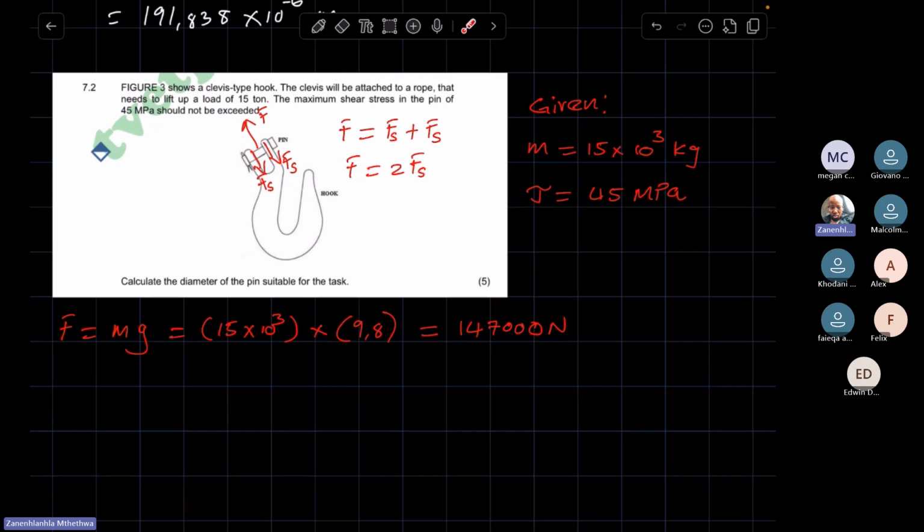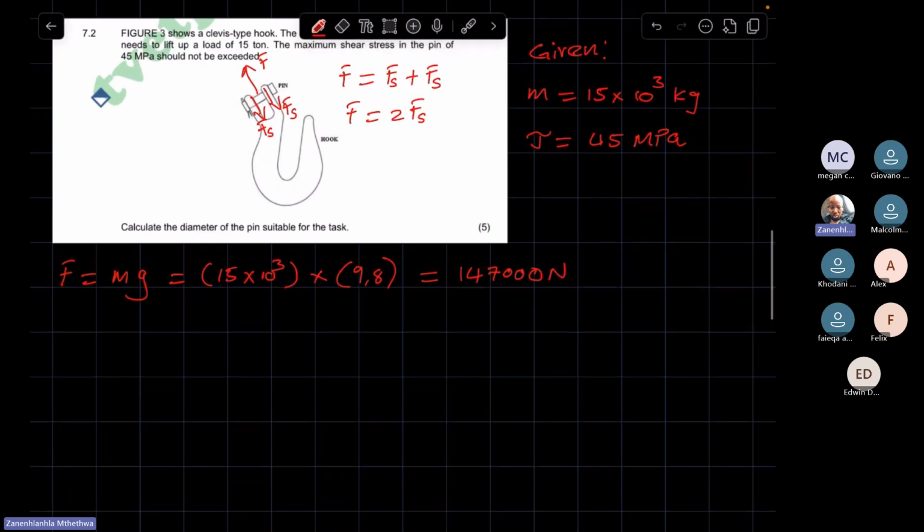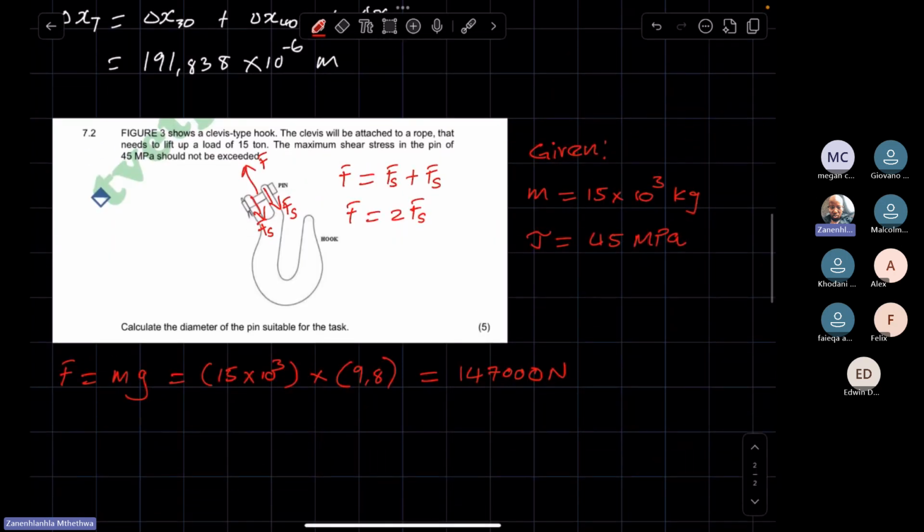If the weight of the load being lifted is equal to 147,000 newtons, it means the tension on the rope is the same. Why? Because of static equilibrium. So we have that force, but what are we looking for? We're looking for the diameter of the pin.